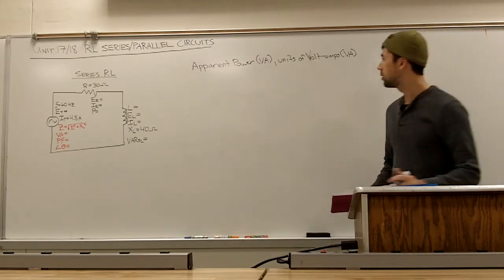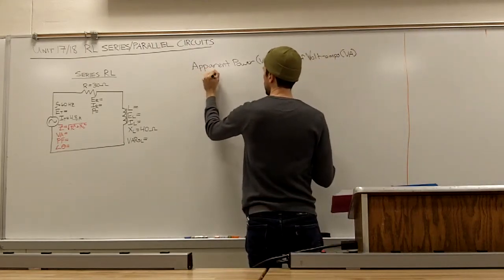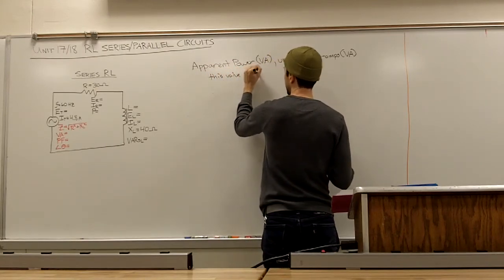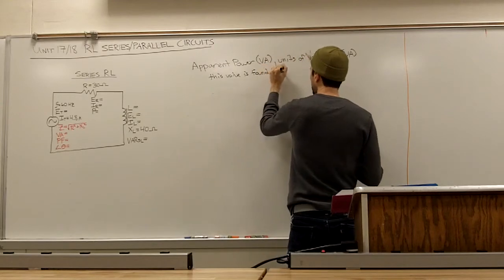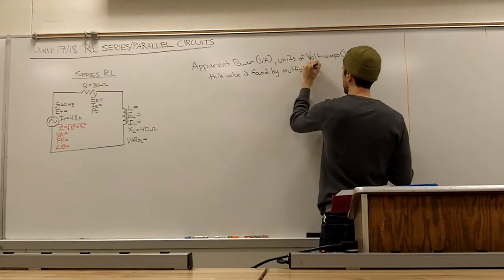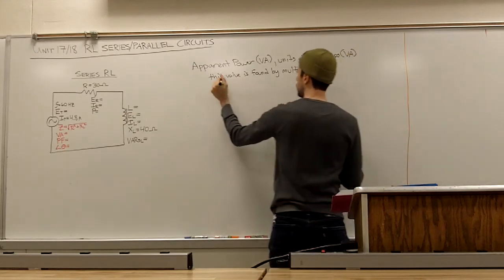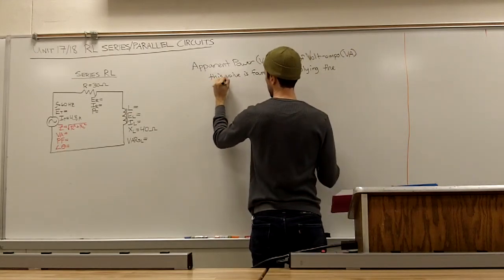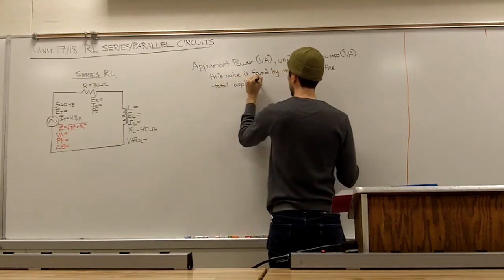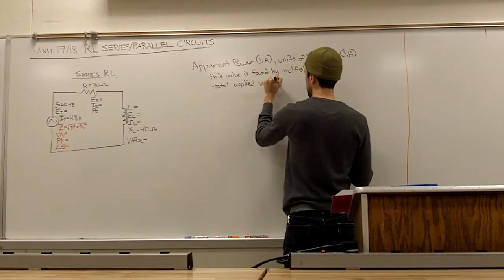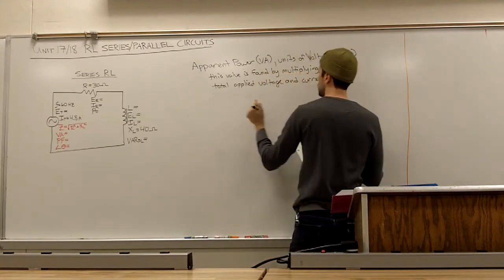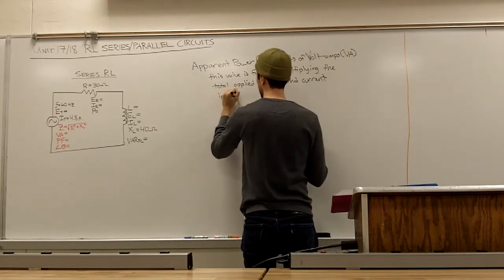And this value is found by multiplying the total applied voltage and current in the circuit.